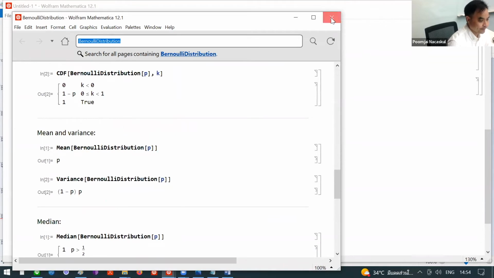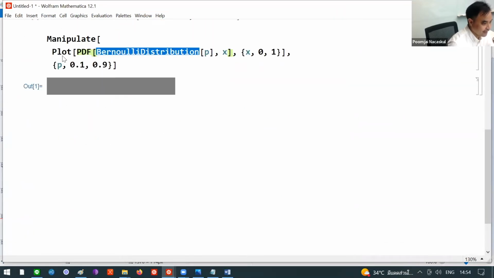I'll tell you why it doesn't plot this later, but let's go to normal distribution.